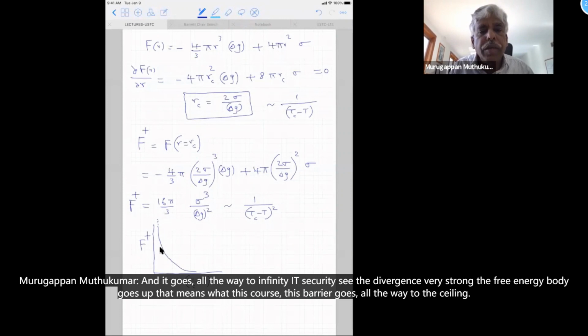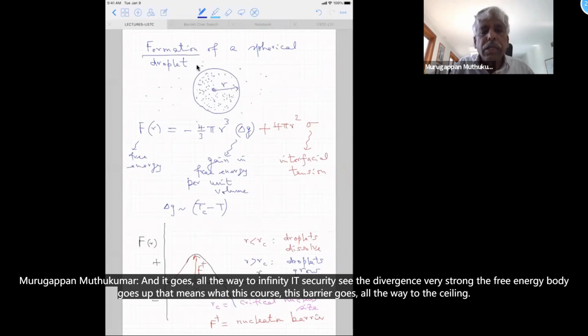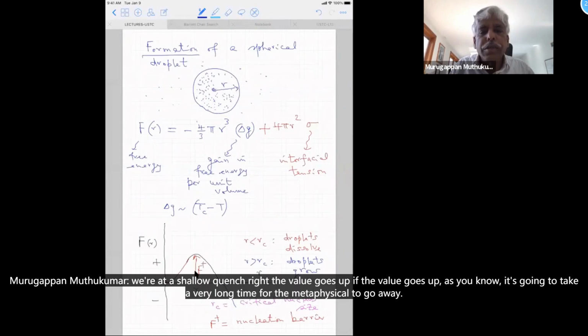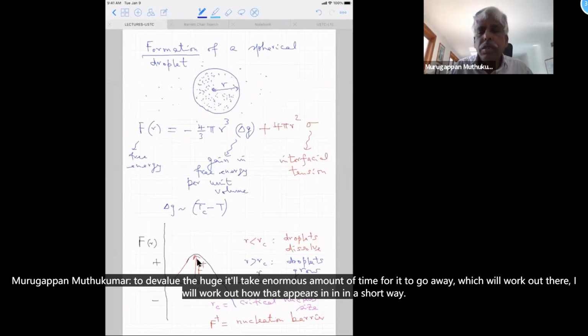So it diverges. The free energy barrier goes up very strongly. That means this barrier goes all the way to the ceiling at a shallow quench. If the barrier goes up, as you know, it's going to take a very long time for the metastability to go away. If the barrier is huge, it'll take an enormous amount of time for it to go away, and we'll work out how that appears in a short while.